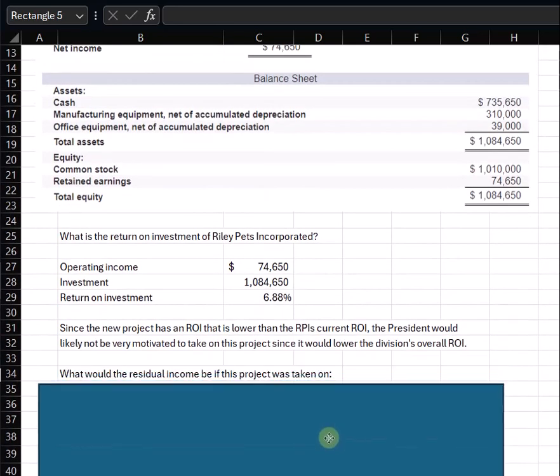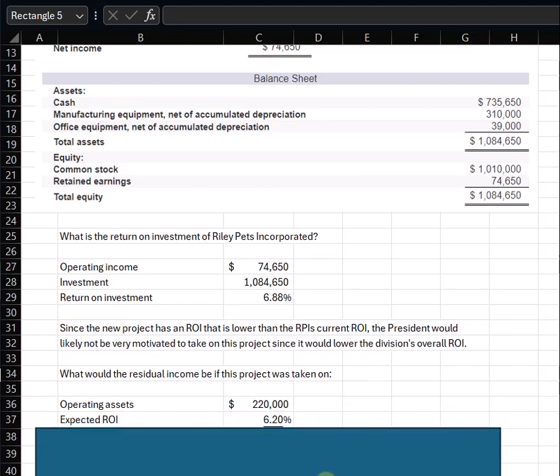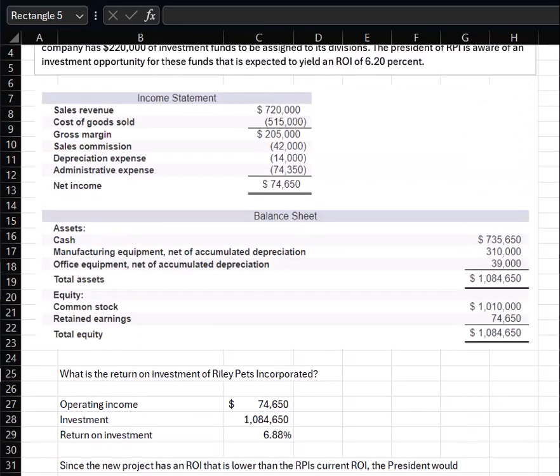Now, what would the residual income be if it was taken on? The operating assets of the new project are $220,000. That was given above. The expected ROI of this project was 6.2. I'll slide up and show you that again. Right there, 6.2.